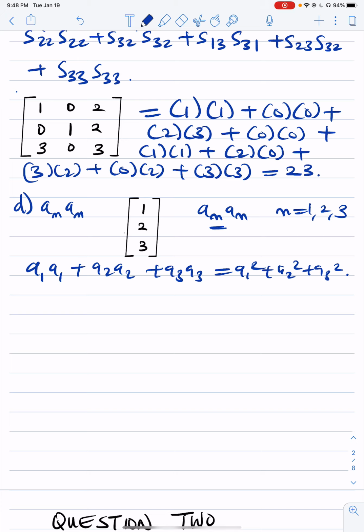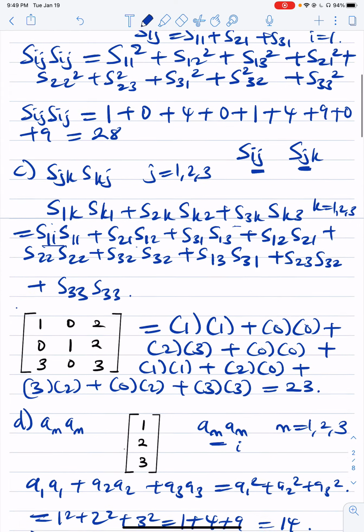Whether it is M or I, it's just notation, to make sure you understand the right placement. So that gives you 1 squared plus 2 squared plus 3 squared, which is 1 plus 4 plus 9, which is 14.